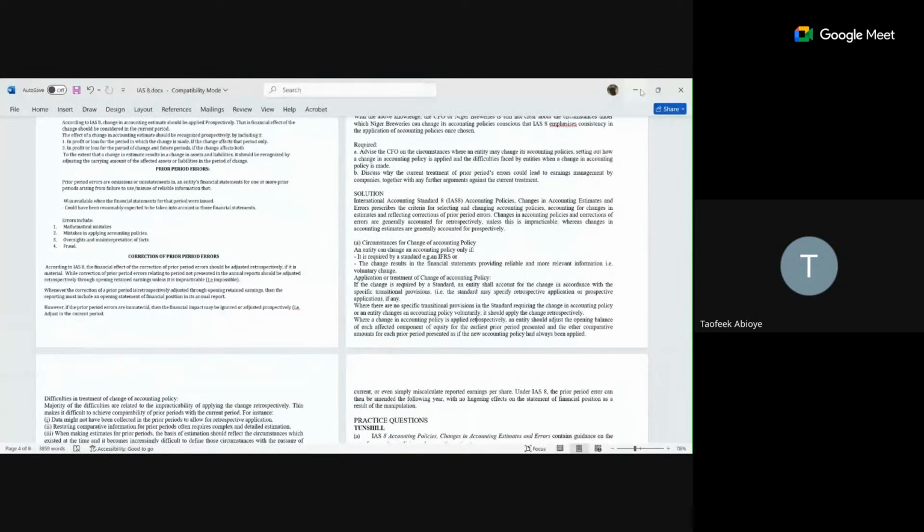Is it the lower of carrying value and net realizable value? Yes, lower. So that is the reason why we use that 20 million. The value to recognize under IFRS 5 is the lower of net realizable value and carrying value.